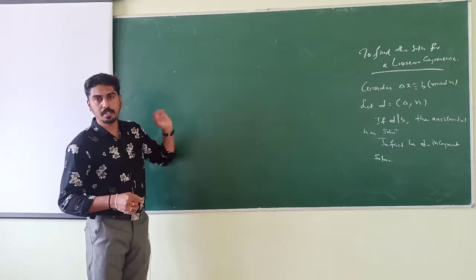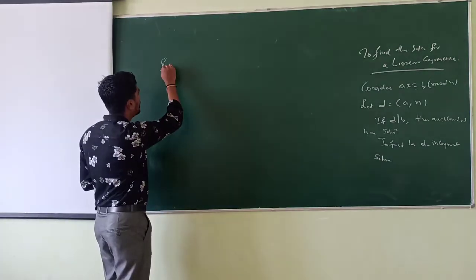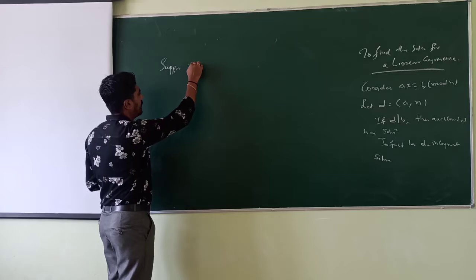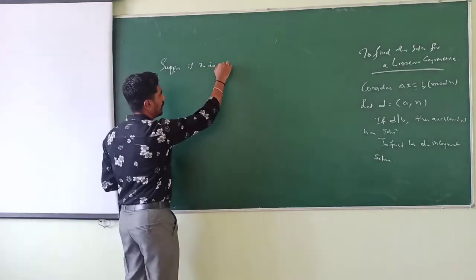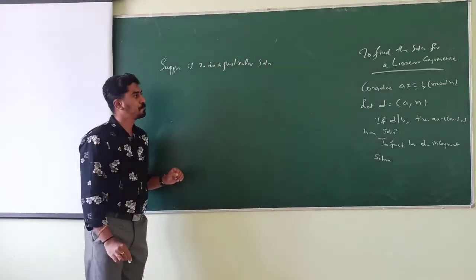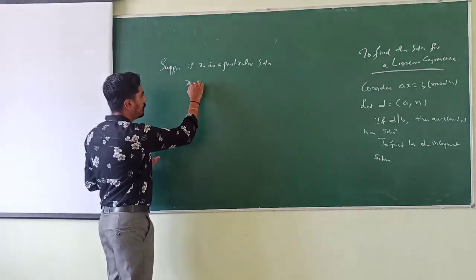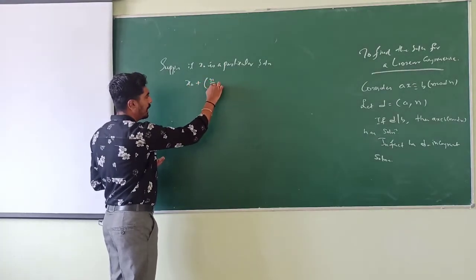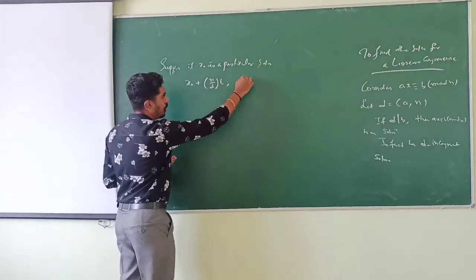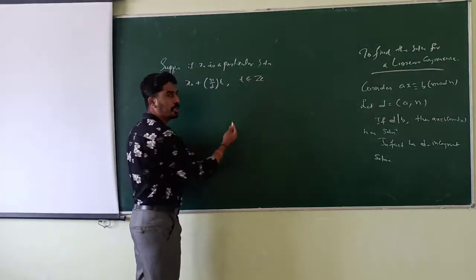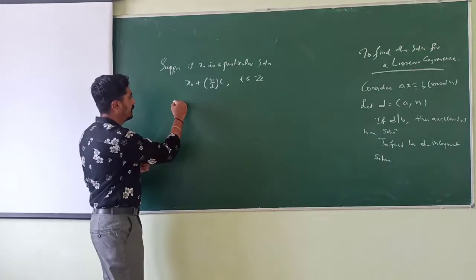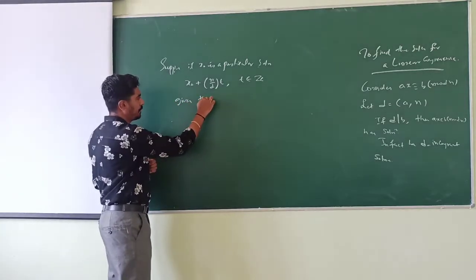Suppose x naught is a particular solution. Then any integer of the form x naught plus n by d into t, for t belonging to Z, is also a solution. So this gives the general solution.